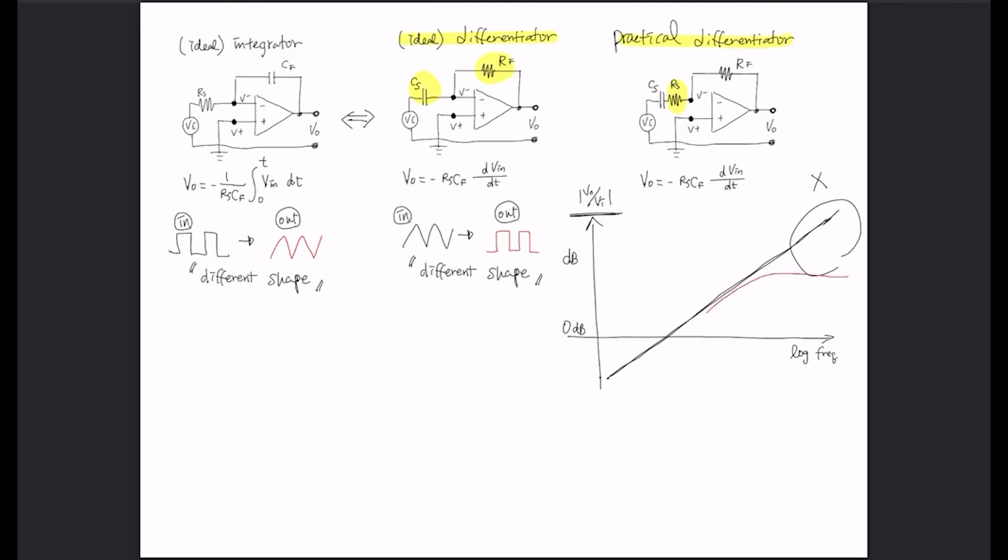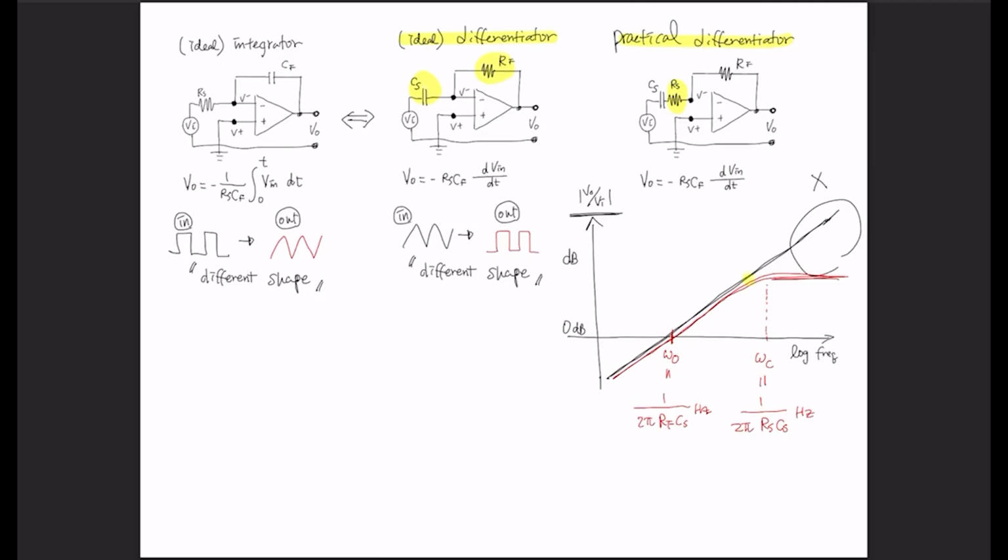So it's solving the problem you had in the high frequency regime. Similarly, we're going to have a cutoff frequency and a 0 dB frequency. This is going to be defined as 1 over 2 pi RS CS hertz. This is going to be defined as 1 over 2 pi RF CS hertz.